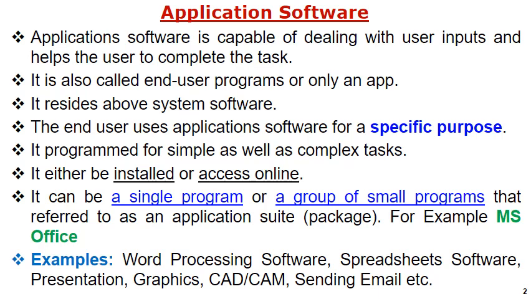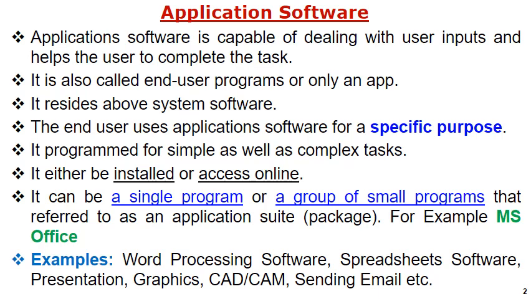It can be a single program or a group of small programs. Single program means, as I told you, Notepad is a standalone single program. But some software contains a collection of other specific programs, for example MS Office. MS Office contains multiple programs, for example MS Word, MS Excel, MS Access, and MS PowerPoint.